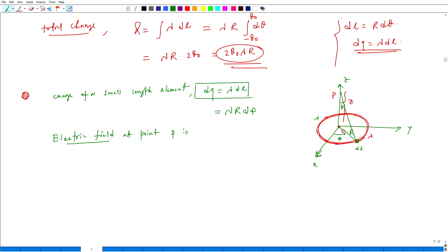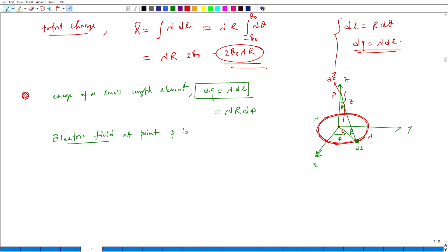Again from symmetry arguments, at point P due to this strip with charge dq, the electric field direction is radially outwards, this is dE vector.